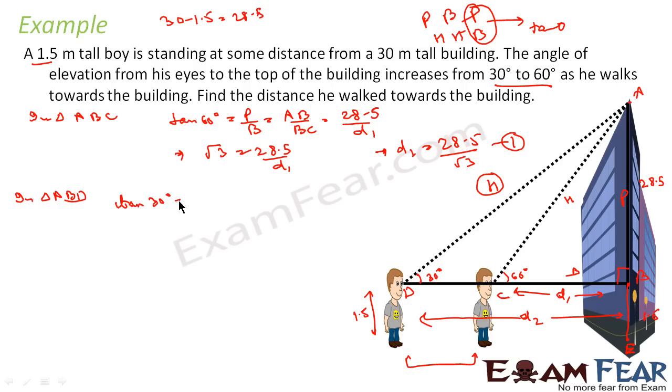Tan 30 degree is equal to P by B. Perpendicular is again 28.5, but the base here is D2, and tan 30 is 1 by root 3, equal to 28.5 by D2. So we get D2 is equal to 28.5 root 3.